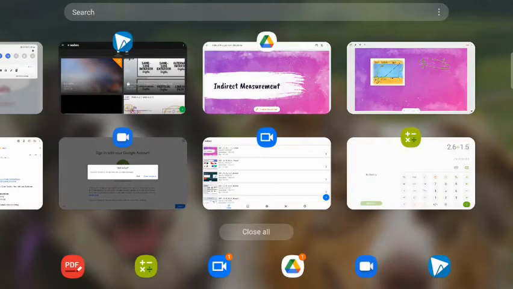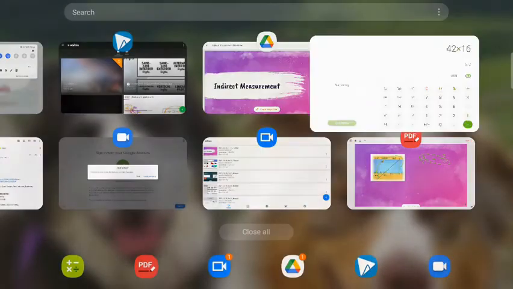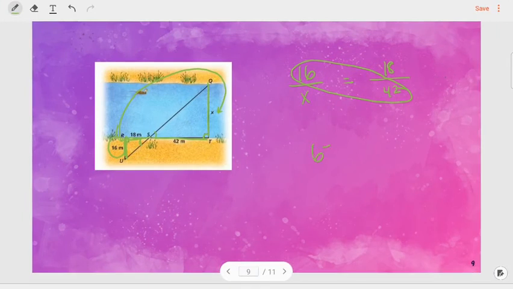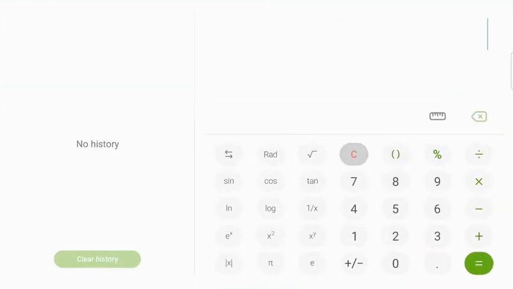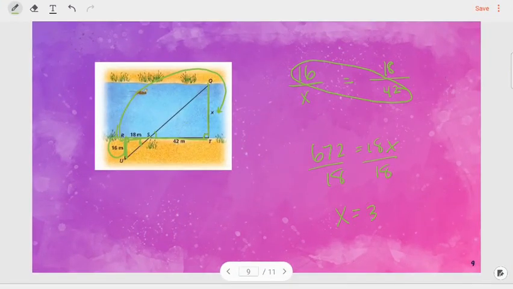42 times 16 is 672, which is equal to 18x. Divided by 18, divided by 18, and x is equal to 672 divided by 18, and that gives me a grand total of 37.3 repeating.